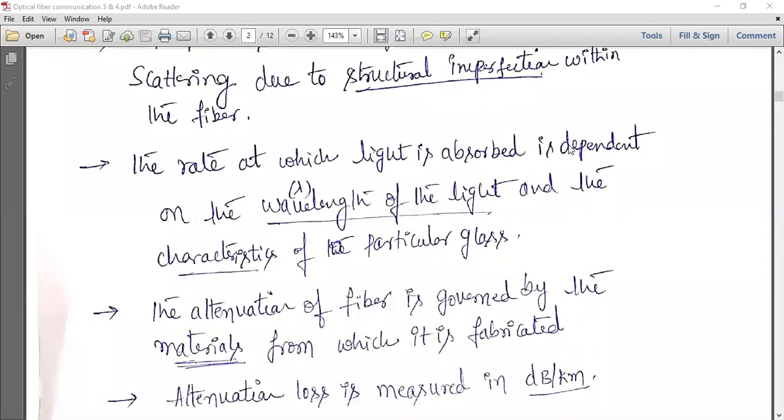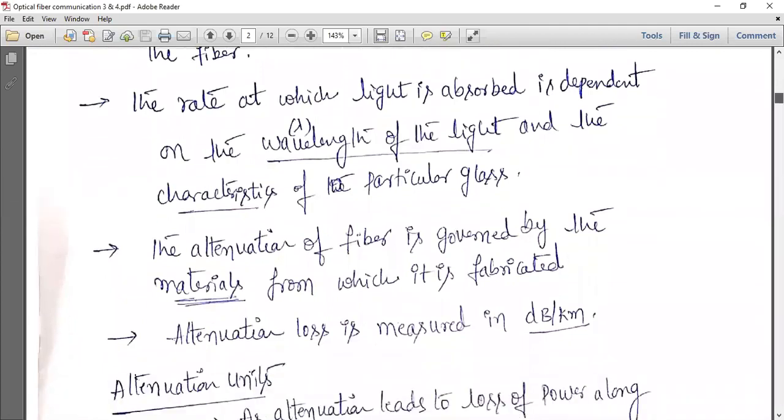At certain wavelengths, the fiber material has the property of absorbing more compared to other wavelengths, which we'll see in the next page. At certain wavelengths the absorption will be less, at certain wavelengths absorption will be more. That is what I will explain in the next page.